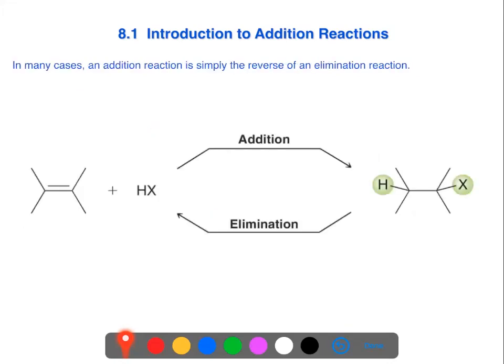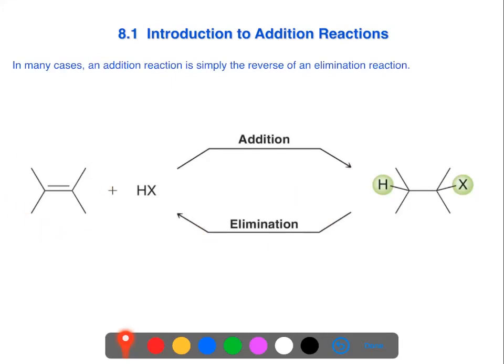In many cases, an addition reaction is simply the reverse of an elimination reaction. You'll recall in Section 7 that starting with an alkyl halide, usually in the presence of a base, we can undergo an elimination reaction to give us the alkene as our product.